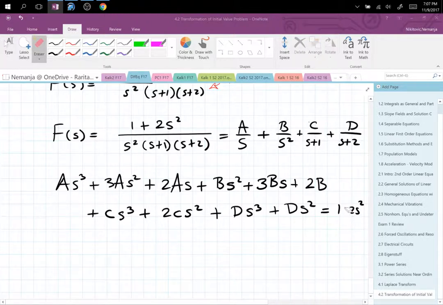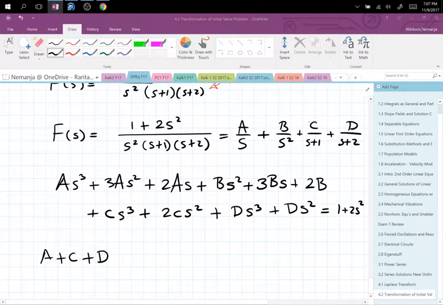Now, put all the cubes together, so that's a plus c plus d.